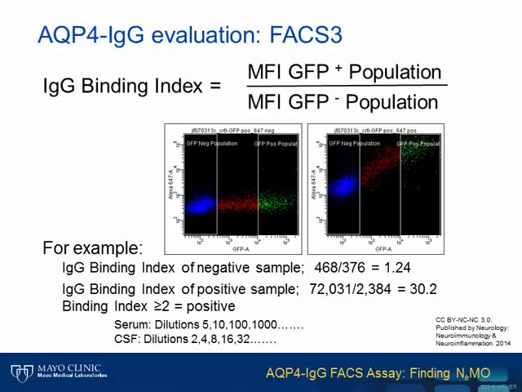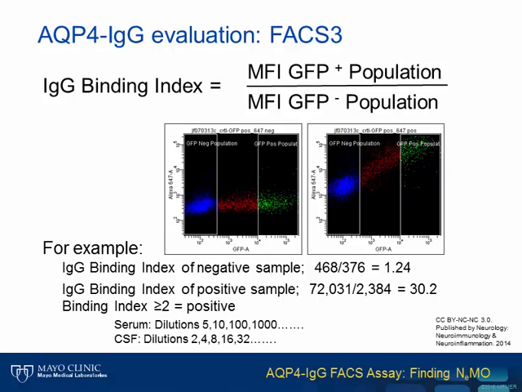As you can see on the left, this is the readout that we get from a negative patient, or binding to the non-transfected cells, whereas on the right we see the positivity, the binding of the patient's antibodies to the GFP-linked aquaporin-4 in the transfected cells.